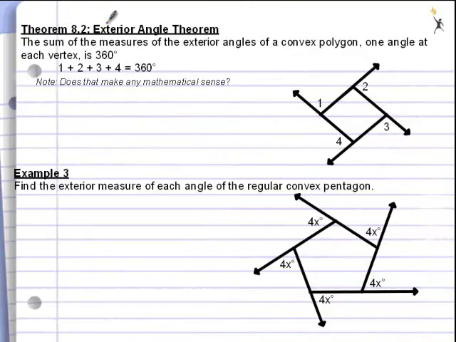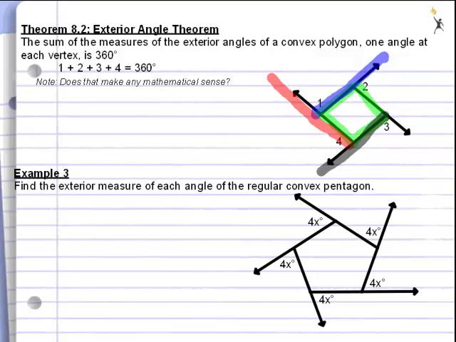In Theorem 8.2, the exterior angle theorem, if you take any shape, or any polygon, excuse me, here we have a quadrilateral, and what this theorem says is if you extend the sides to form straight lines, then we tie in an idea that you've already been dealing with all year long.